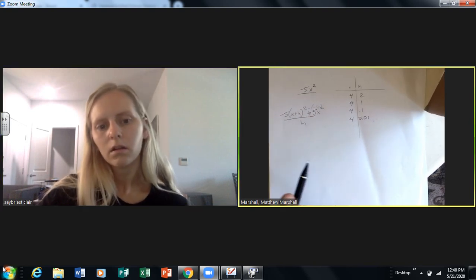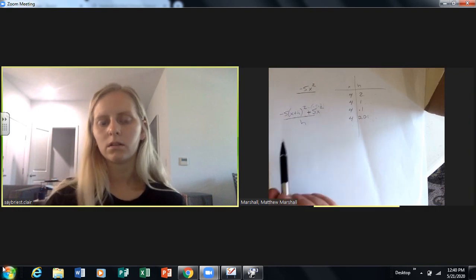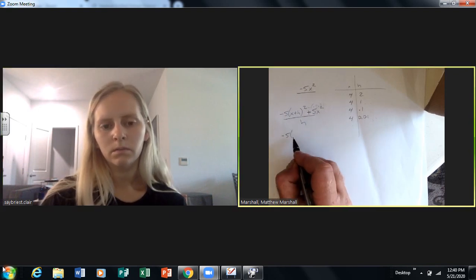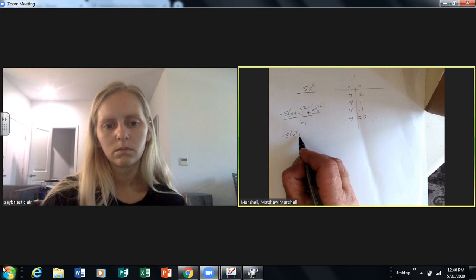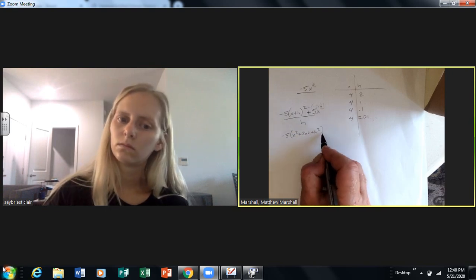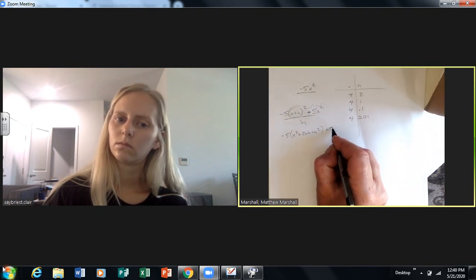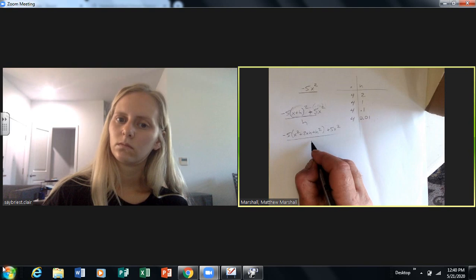That's key because you're going to want these two terms to cancel. And then this gives me negative 5x squared plus 2xh plus h squared, when I did this factor perfect square here, and then plus 5x squared over h.